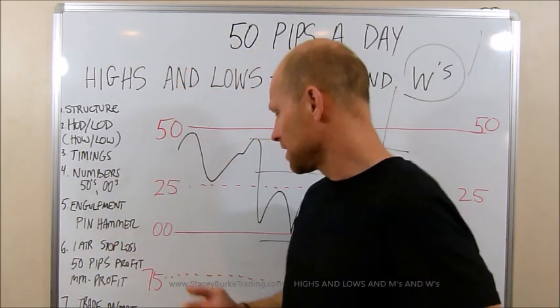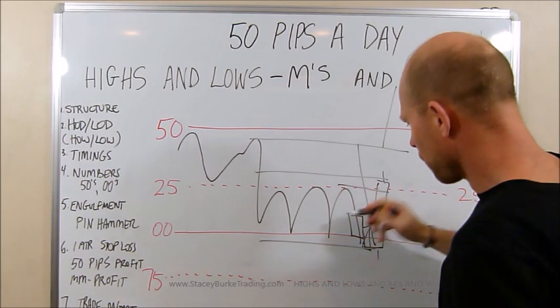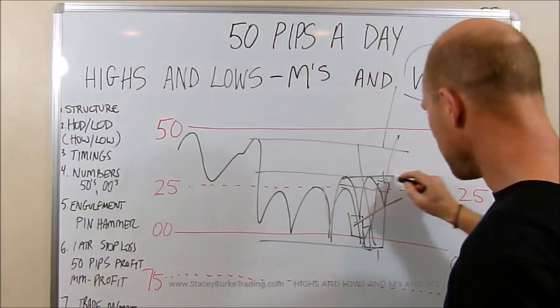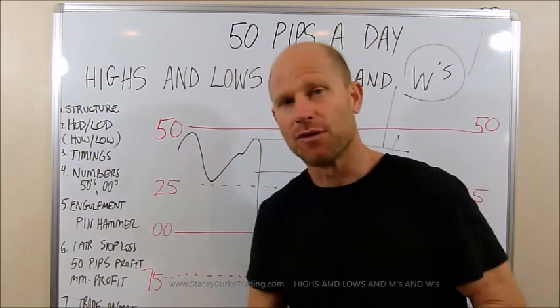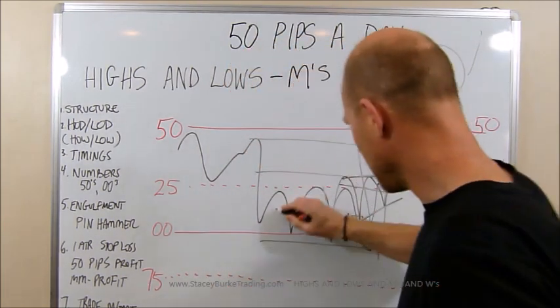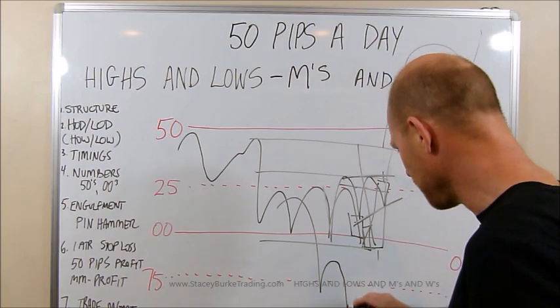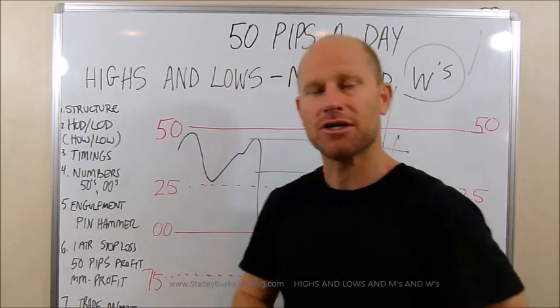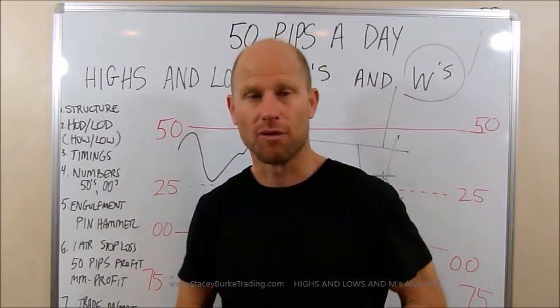Type 3 will typically be, if it was a W formation, the market will have worked up towards the high and come off the high of the day. And if it was a type 1, that market may have extended down 25 to 50 pips before reversing back in the opposite direction. And the same goes for the M formation.